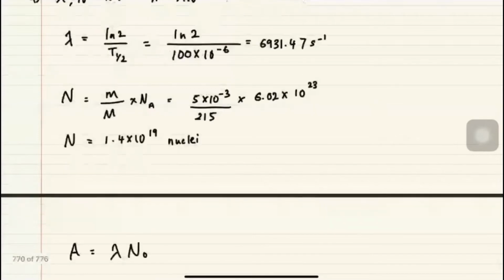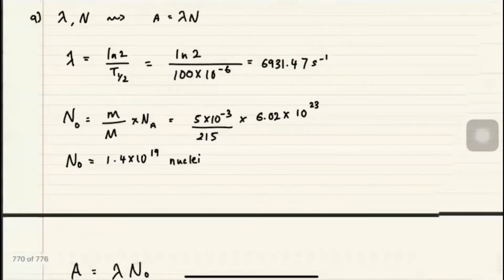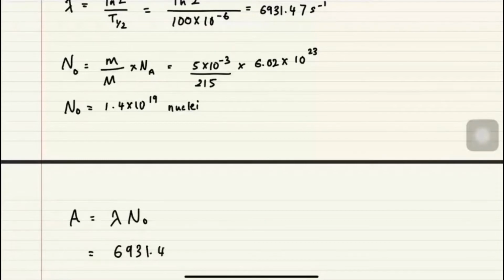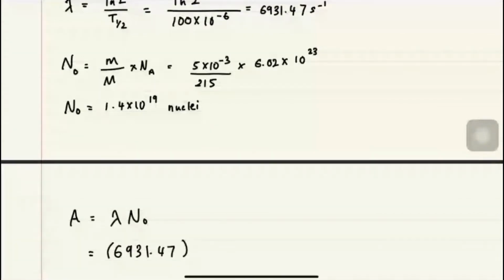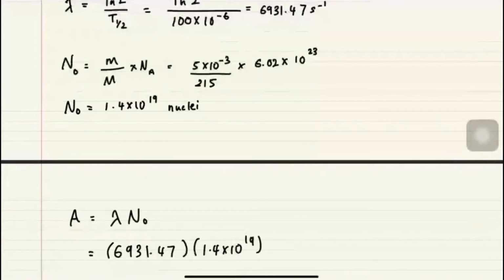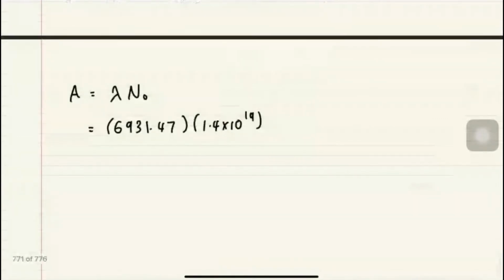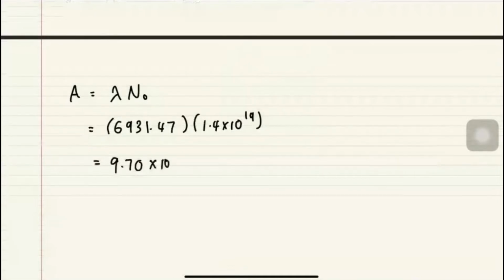So it will be 6931.47 multiplied with 1.4 times 10 to the power of 19. We got 9.70 times 10 to the power of 22.